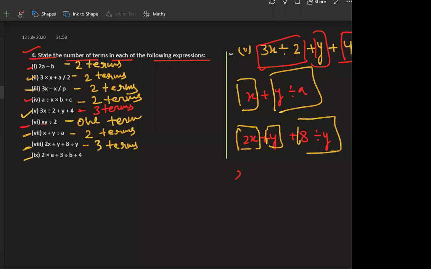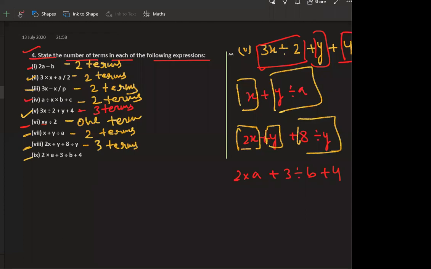Next. 2 multiply by a plus 3 divided by b plus 4. How many terms are there now in the last part? 2 or 3 or 4?